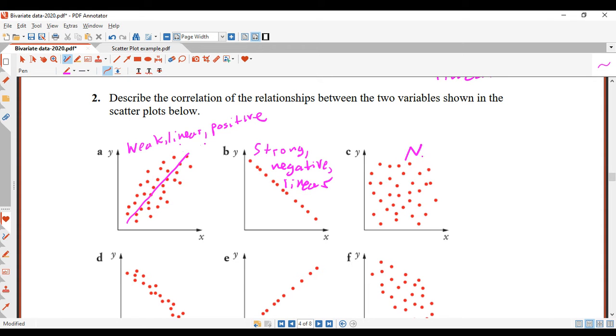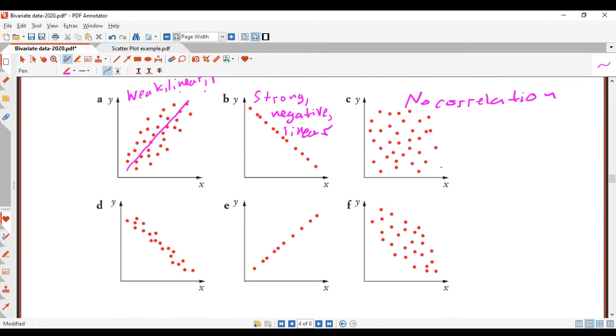Okay, this one here, no correlation. Okay. Now, what about the next one? Well, if I drew my line of fit here, let's just draw that in. A line of fit, here it is.